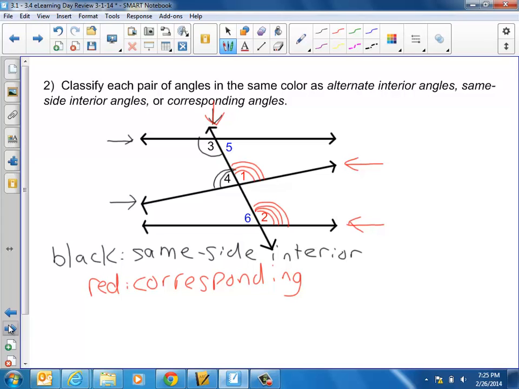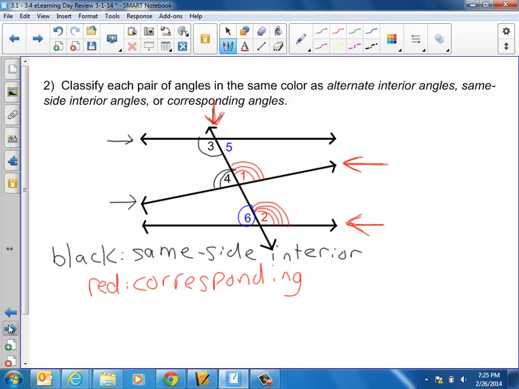Angle 2 on bottom is top right. Look at that bottom bun right here that I'm again drawing an arrow to, and the knife cutting across it. Angle 2 is on the top side of that bottom bun to the right of the knife. Now let's check out this middle line again. Angle 1 is on the top side of that bun to the right of the knife, so they're corresponding angles.